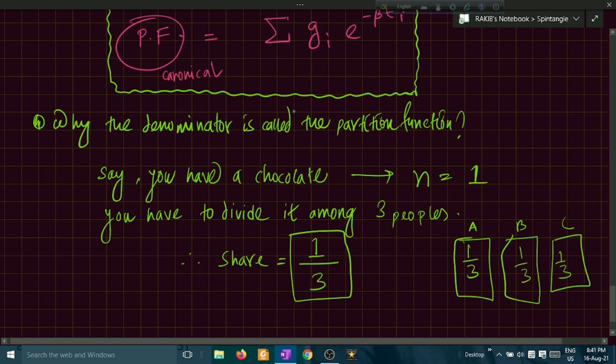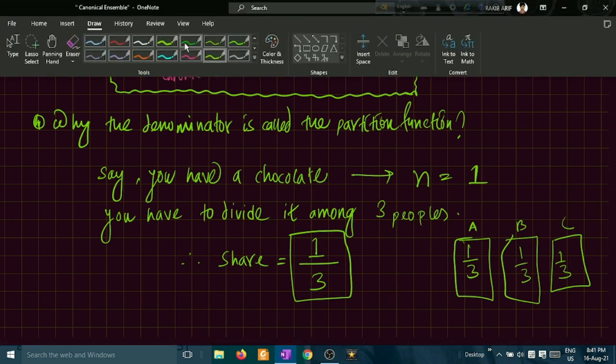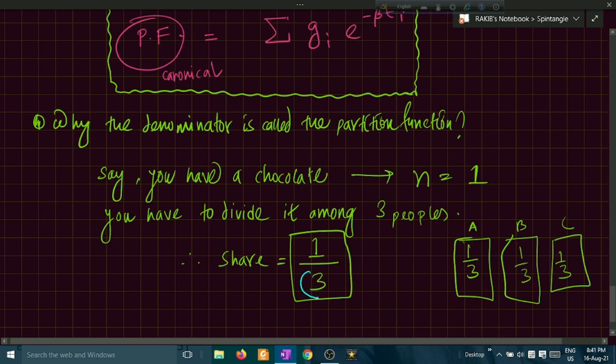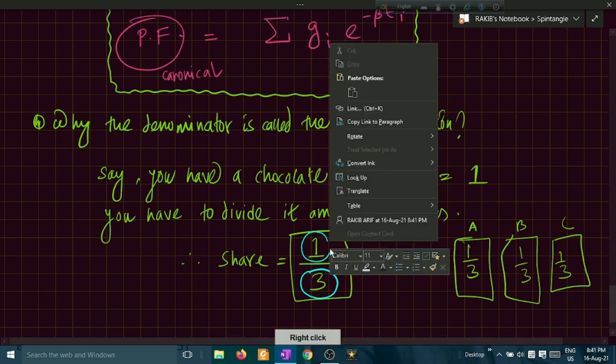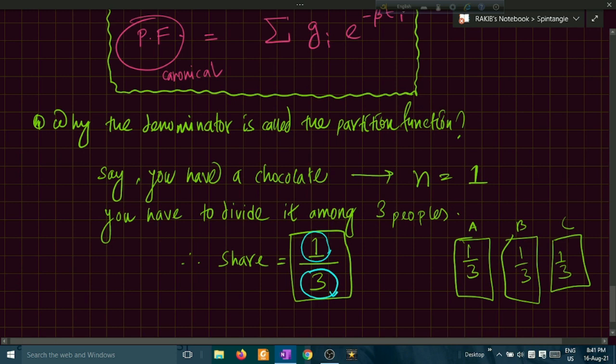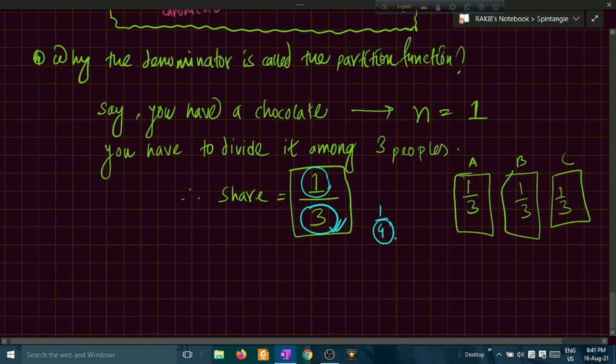You can easily see that the denominator here is the dividing term. It is dividing the total thing. If you have 4 people, then what will be their share? It will be 1/4. This means the denominator is the action-making term.